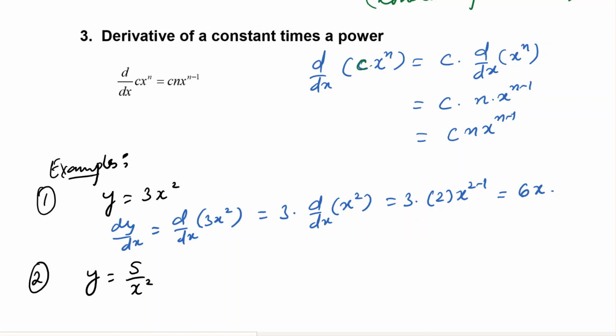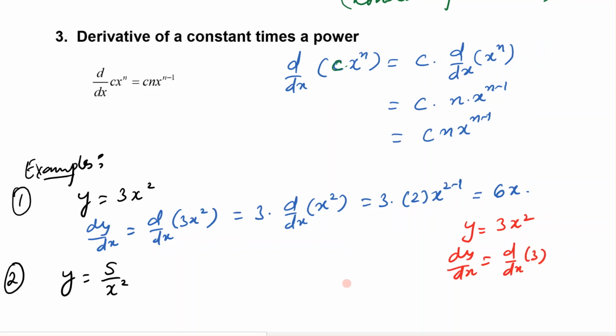One thing that I would like to point out is that sometimes people confuse the derivative of a constant times a function with the derivative of a constant that's alone. Don't make that mistake. For y is equal to 3x squared, dy over dx, sometimes people think the derivative of a constant times the derivative of x squared, and then try to write that this is 0, and it doesn't matter what you have, you get 0, which is not the case.